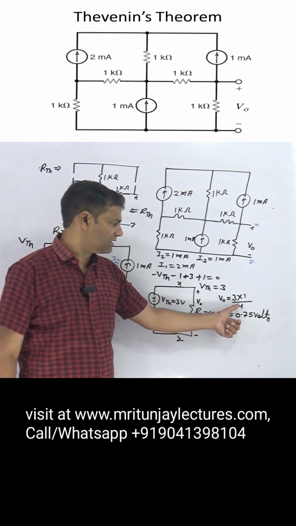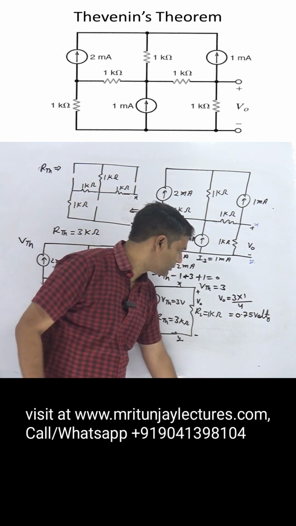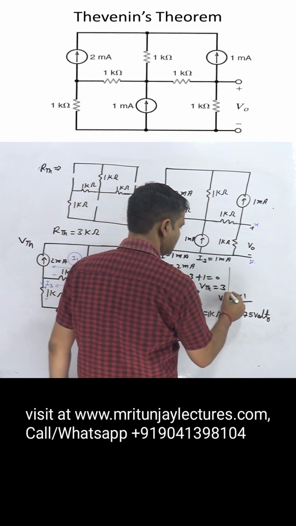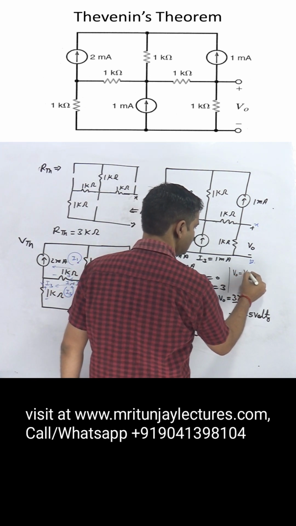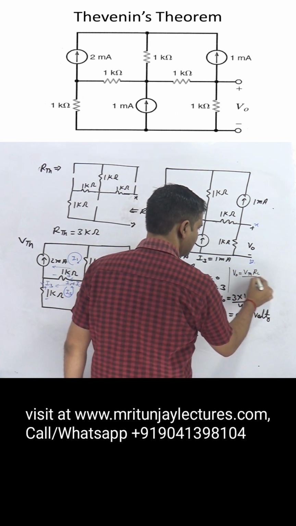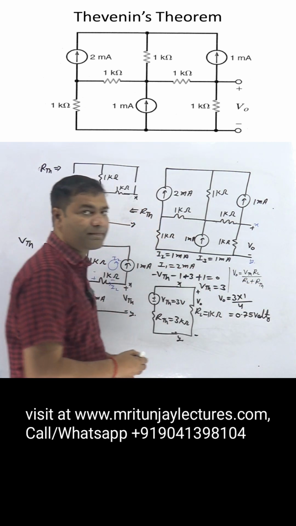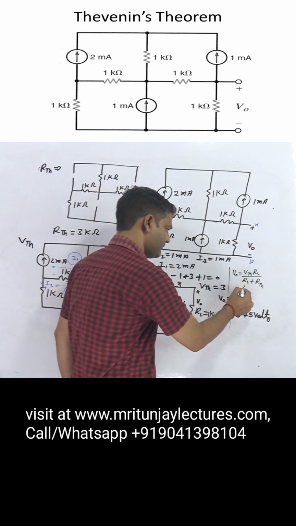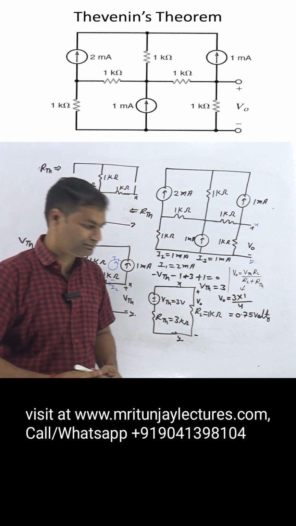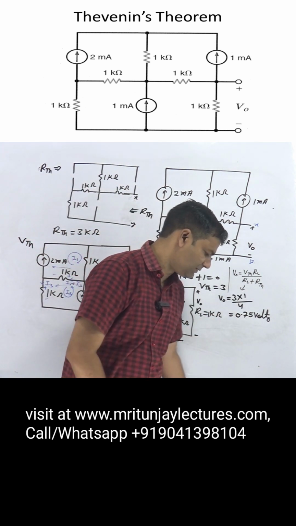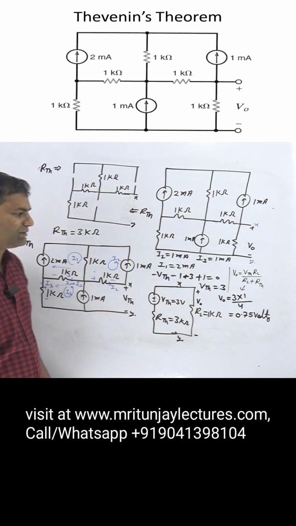Apply the voltage divider rule: V naught equals VTH into RL divided by RL plus RTH. Very simple. After that, putting in these values and finding the answer, 0.75 volt is the final answer.